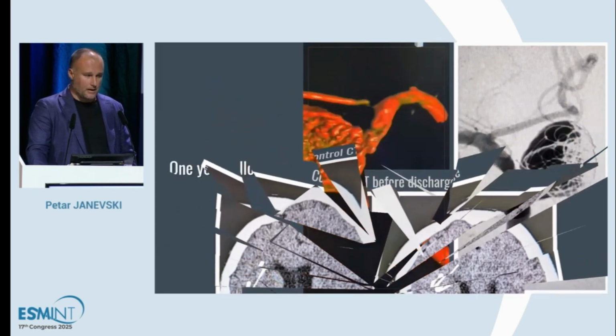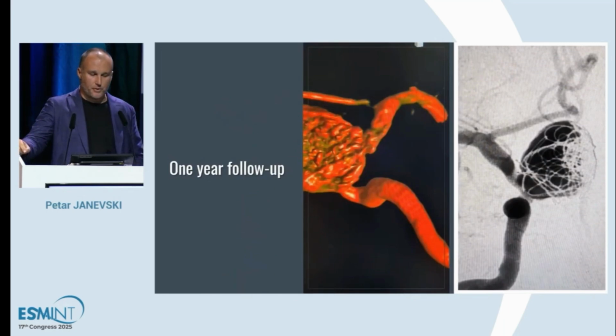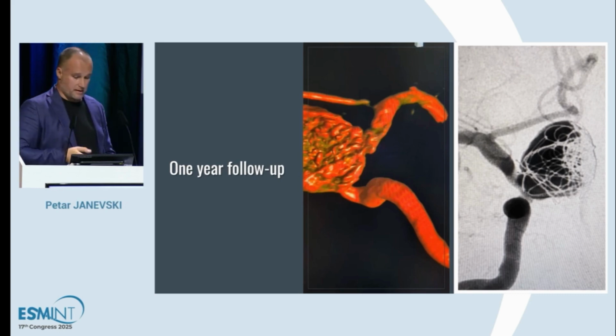The patient didn't show up at her scheduled control appointments, and she showed up after maybe more than a year after the initial treatment with a CT from another hospital, in which we see that the aneurysm is, of course, recanalized.